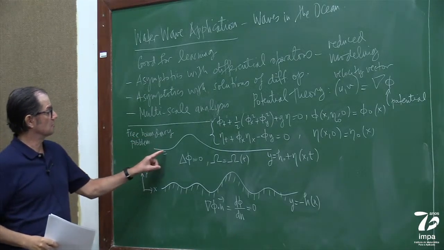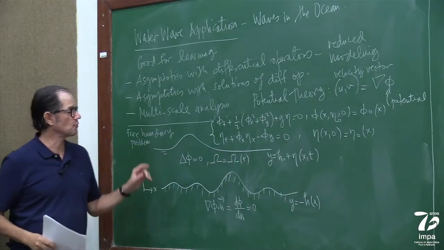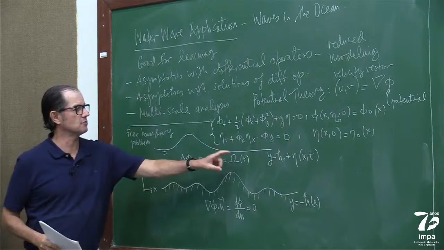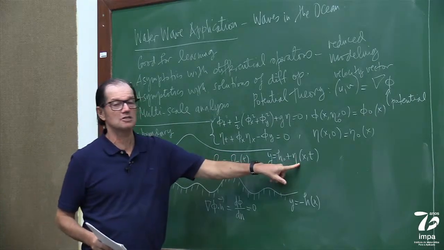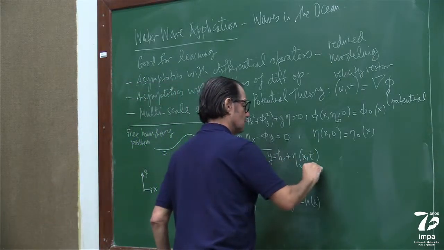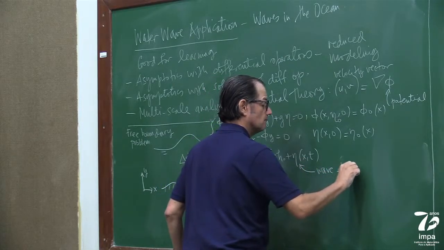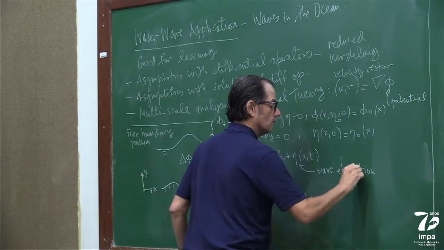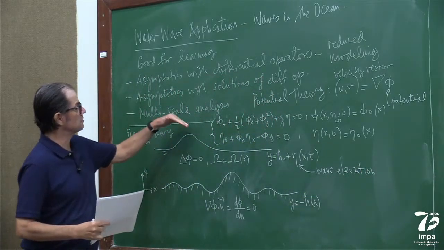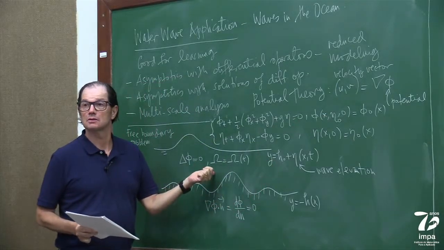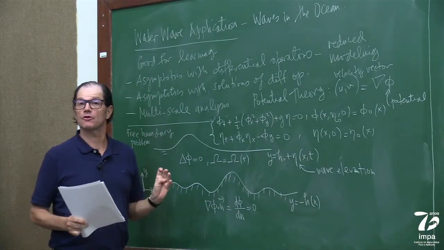Because this free surface, this boundary here, where I'm solving Laplace's equation, is changing in time, because this is my wave elevation. As this wave moves, my domain changes. So that makes the problem very complicated.